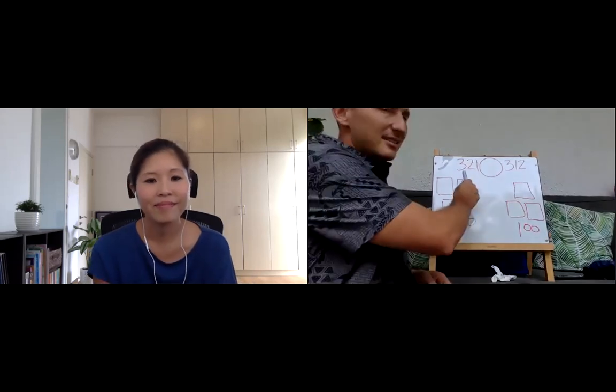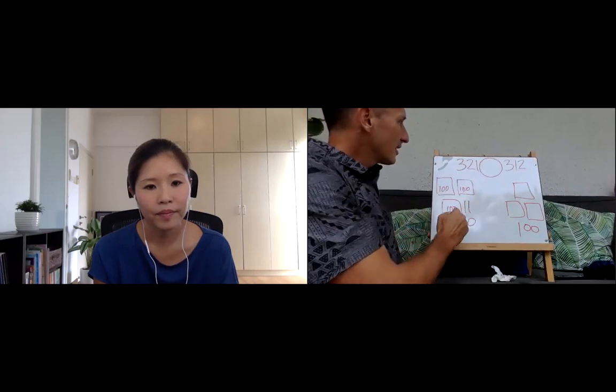All right, Mr. Regan, would you like to show us the first problem? Here we go. For our first problem, we had 321. Is it less than, greater than, equal to 312? The way that I was thinking about it was I had my 300s, 100, 200, and 300. And then I had my 2 tens and I had my 1.